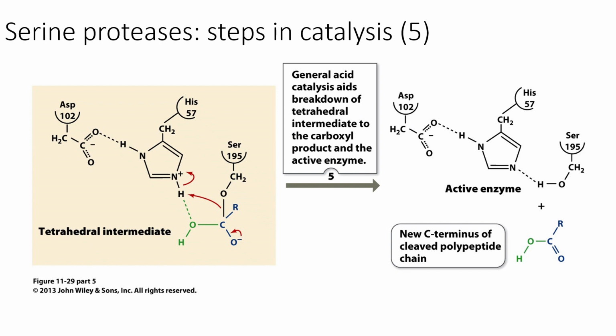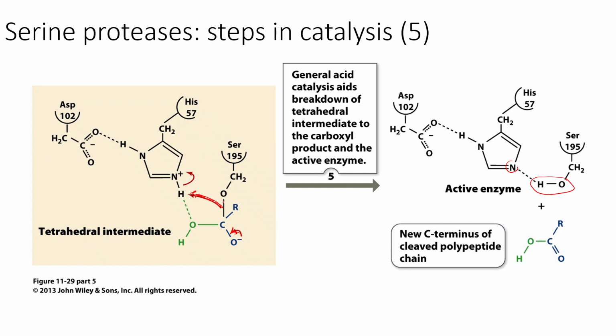So now we have the same reversal that we had the first time we had our tetrahedral intermediate, where these electrons collapse back down to reform that carbonyl. And this time we are going to break our bond to serine. So these electrons are now able to go over to this proton that's part of the imidazole ring, ultimately helping to reform the hydroxyl group on the serine that is hydrogen bonded to this nitrogen on the imidazole ring of that histidine.